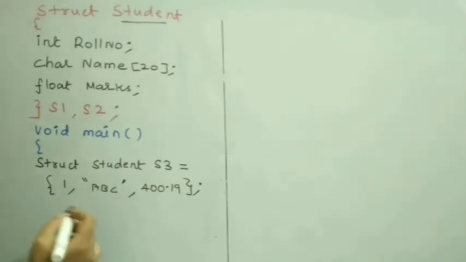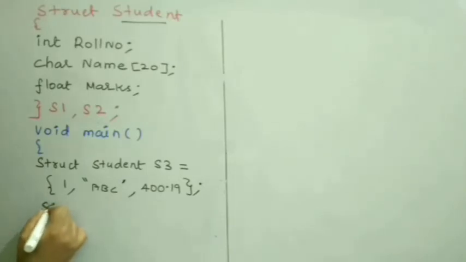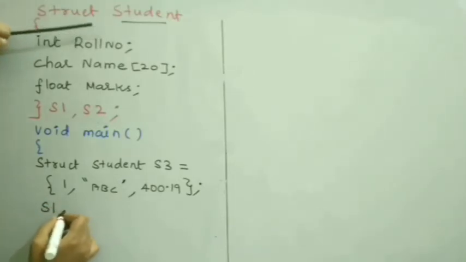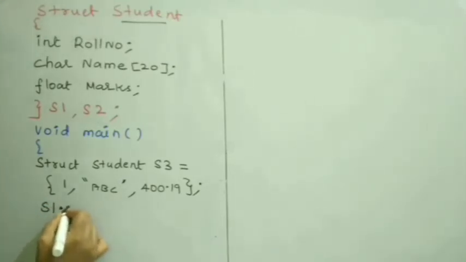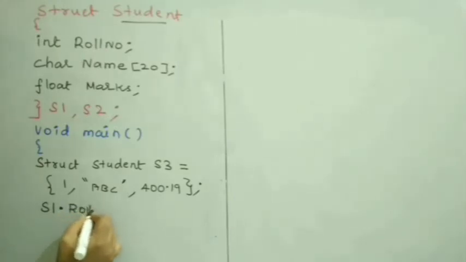And then if I want to assign value during the run time, for example, to structure variable S1, how to assign? The structure variable accesses the data member using the dot operator, then the data member, that is roll number. Using the assignment operator, I may assign value for this data member.